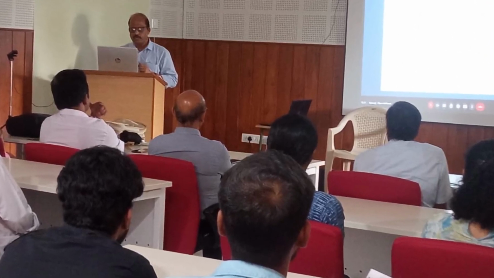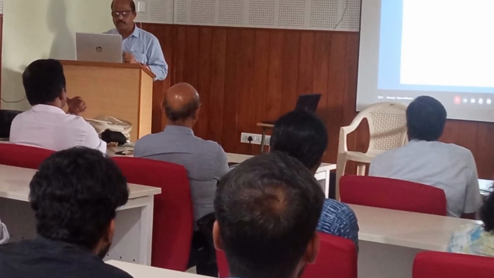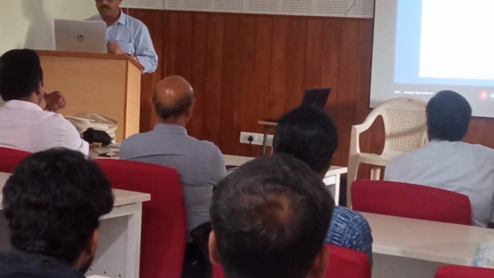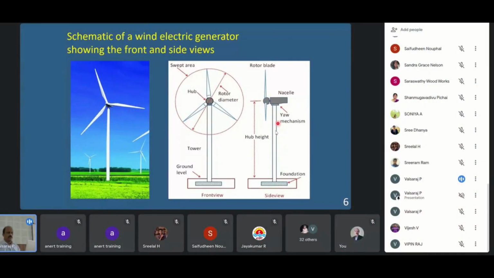It will rotate the hub. Within the nacelle there is a generator and the electricity is generated like that. One aspect I want to emphasize here is this is called hub height. This is the tower, and we have to measure and forecast wind speeds at that hub height in the industrial applications.